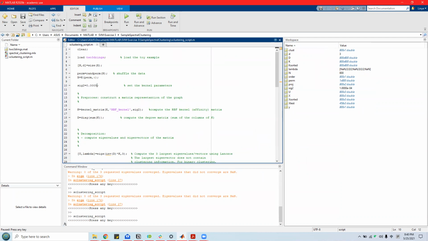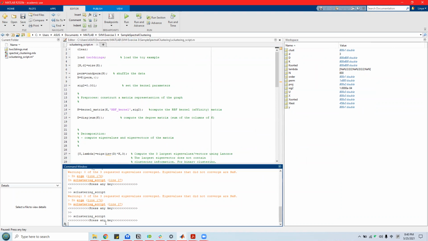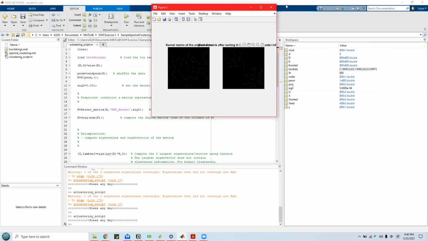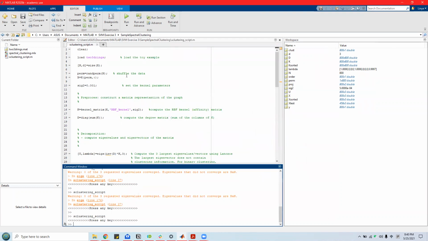So I think my result is actually an unpopular one, I would say. If sigma 2 is 0.001, let me just try again. It's separate. You can separate it.